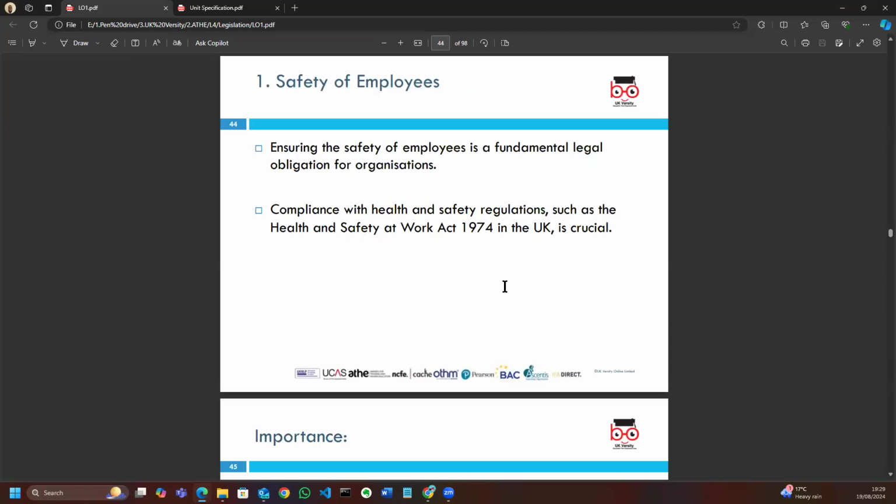It is important to know that there is the safety of employees, where you're going to ensure that the safety of our employees is a fundamental and legal obligation for the company. Compliance has to be met with health and safety regulations, such as the Health and Safety at Work Act 1974, which I'm pretty sure every company has to introduce and make employees aware of.